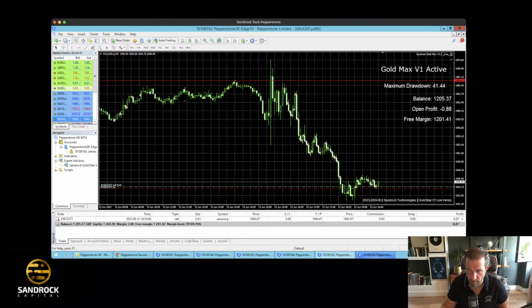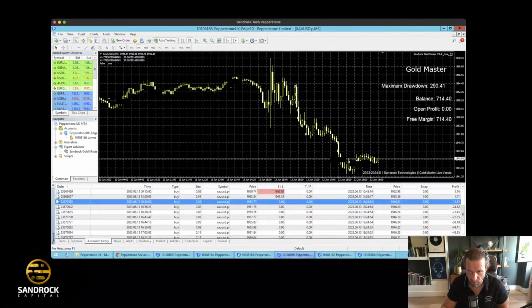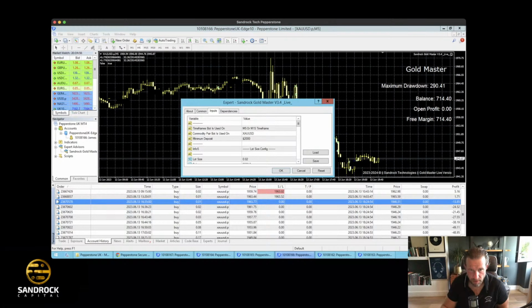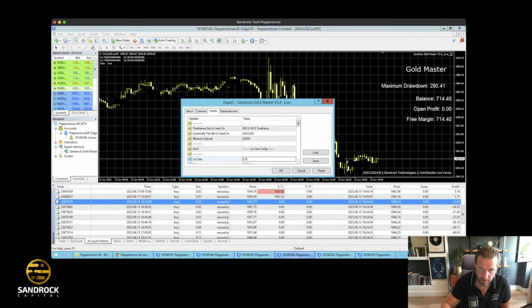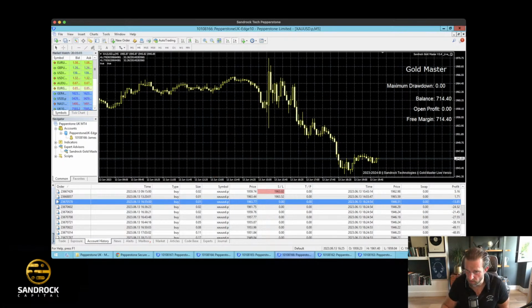This one's at 0.02. Okay, there's your issue. That was a mistake of mine. I should not have that bot trading on a 0.02 starting lot on only £1,000. So what I've got to do now is make that back up with this particular bot before I start withdrawing profits.